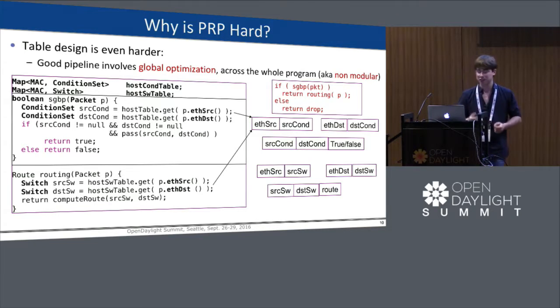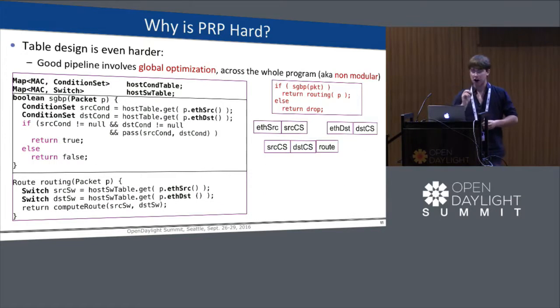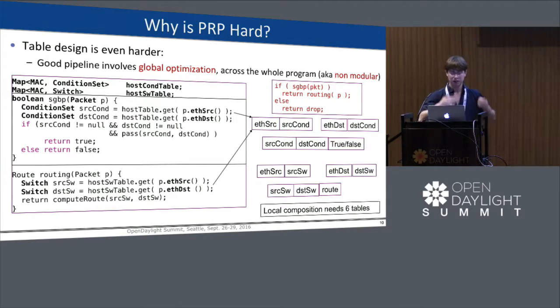A naive implementation of this might be to use 6 different lookup tables, all in a pipeline, the first 3 handling the first module in the program, and the second 3 handling the second routing module in the program. However, an optimal solution is obviously to use just 3 tables, since we can combine several of the different tables in each different module into a single coherent whole.